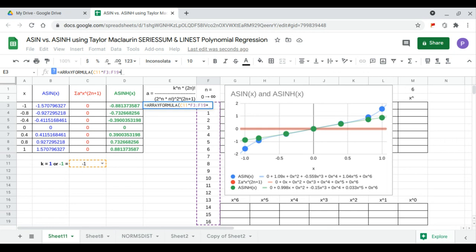Times factorial 2 times n. That is 2 times n. Now we have completed the numerator.